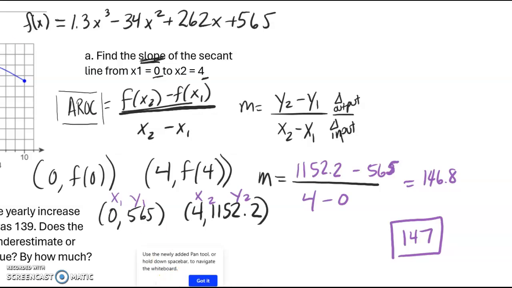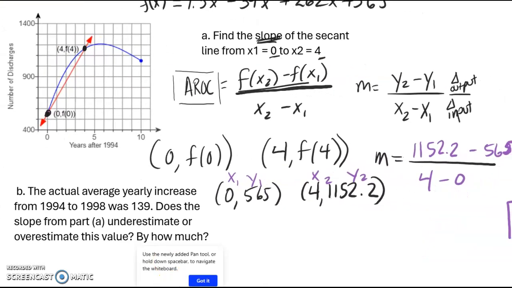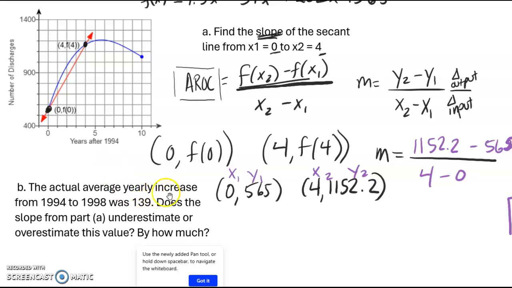Then I'm going to go over here to part B, and it says, well, the actual yearly increase from 1994 to 1998 was 139. Does the slope from part A, the slope in part A was 147. Does that slope from part A underestimate or overestimate the value?